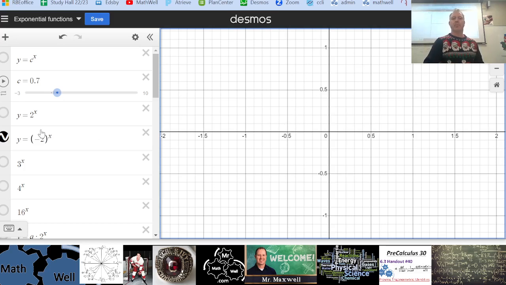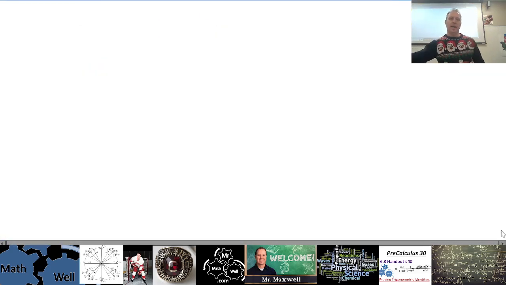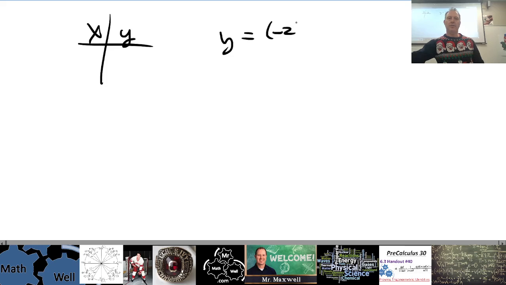If you think about a table of values here, where y is negative 2 to the power of x, then if I take x equals negative 1, I get negative 1/2. If I take 0, I get 1. What about 2? Now 2 gives me positive 4.